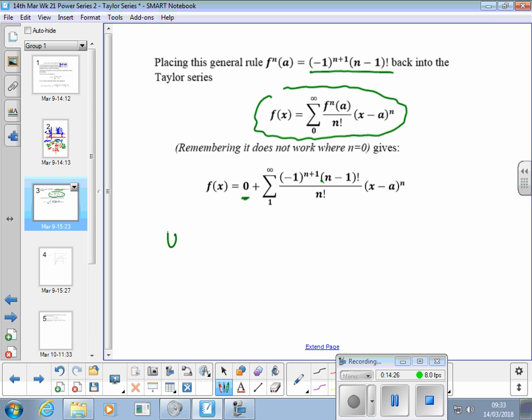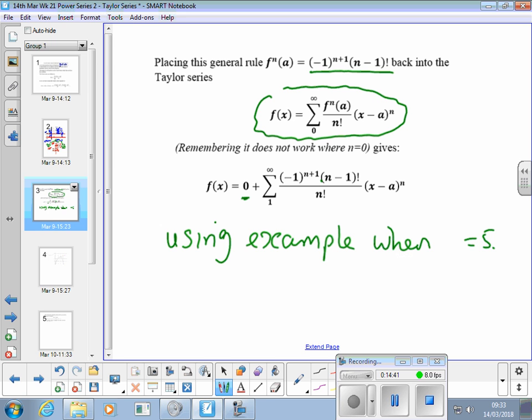We need to use an example to simplify. When n equals 5, we would have 0 plus the sum of minus 1 to the power of 6 times 4 factorial times (x minus a) to the 5, over 5 factorial.